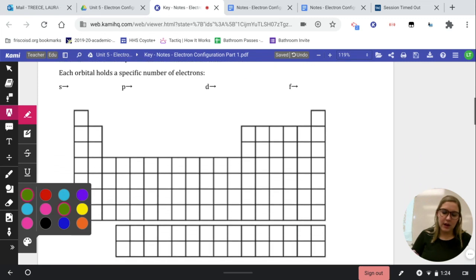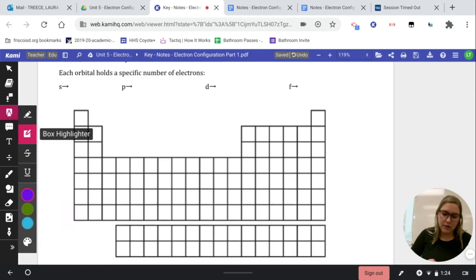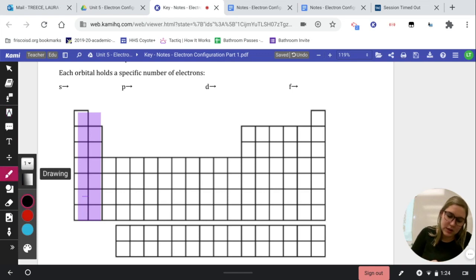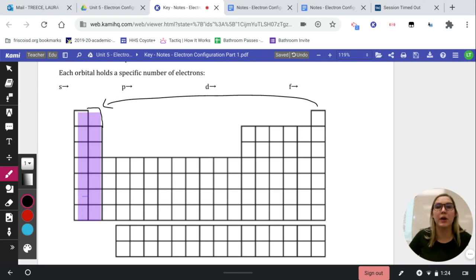So we're going to go ahead and color that down here. My S block is right here. Now guys, in my S block, helium does move over. Helium is part of the S block, even though technically it's not an alkali or alkaline earth metal. Helium is our one exception to that.